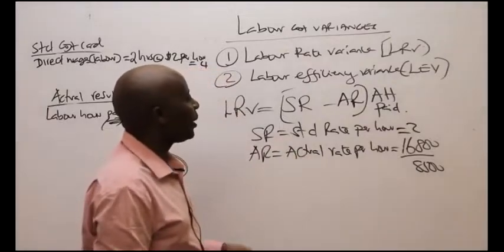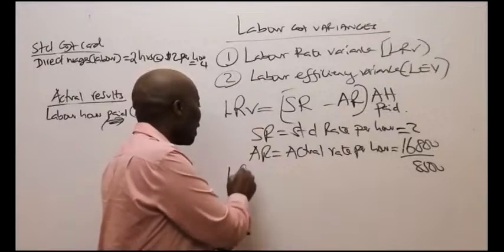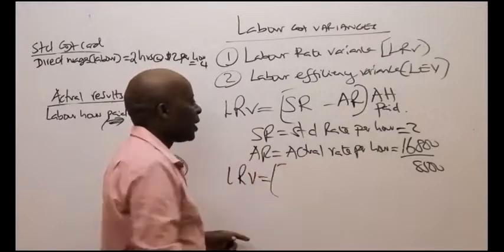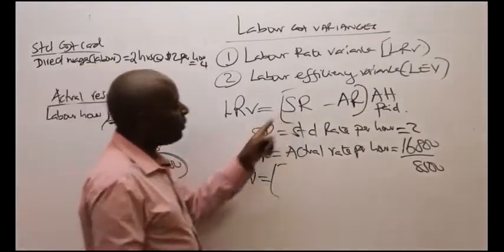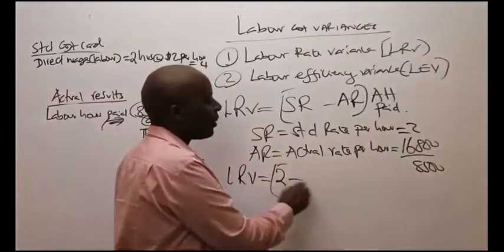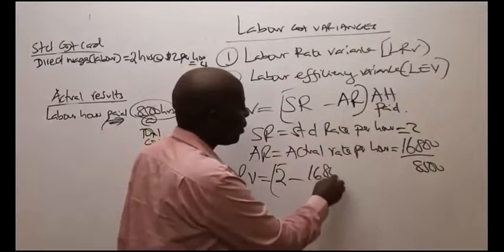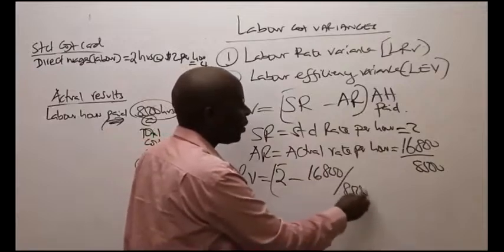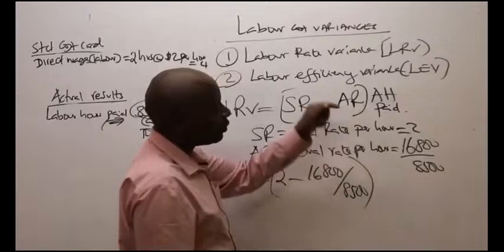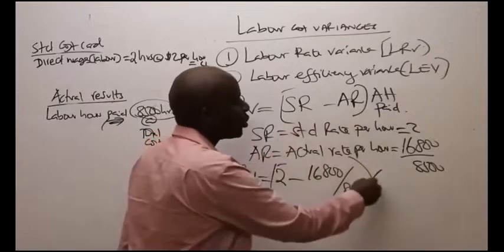So ladies and gentlemen, please substitute here and give us the labor rate variance. The standard rate you have given me, 2, minus the actual rate, 16,800 divided by 8,500, and then times AH paid, standing for actual hours.